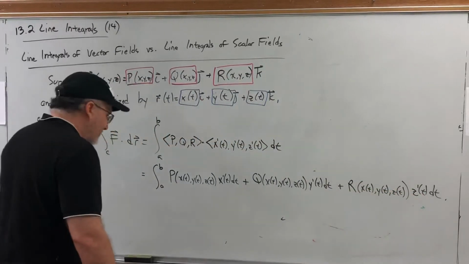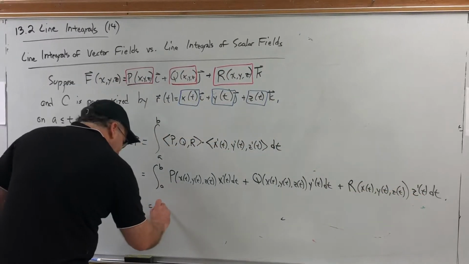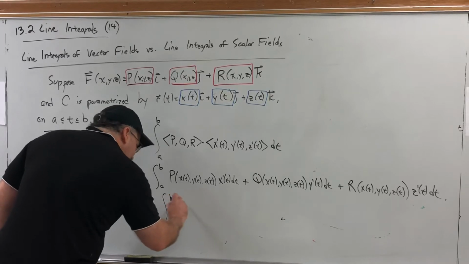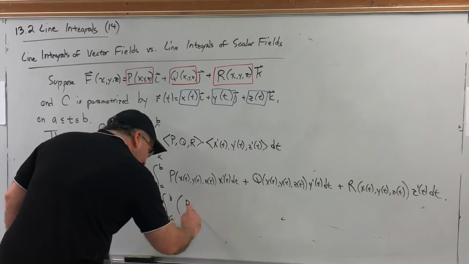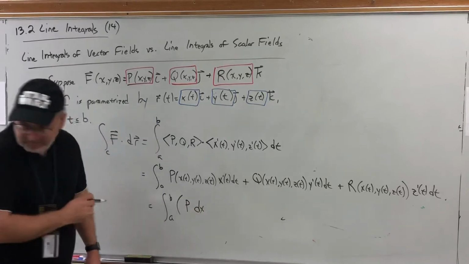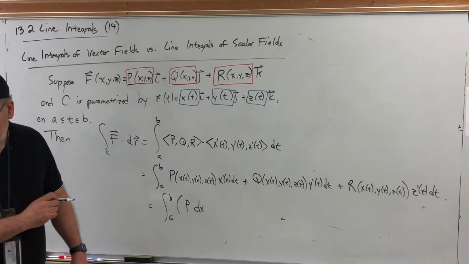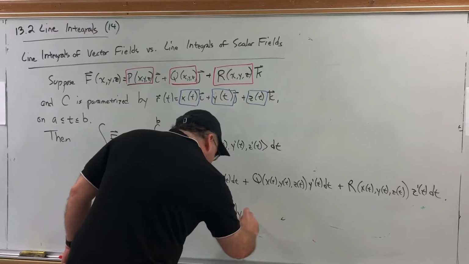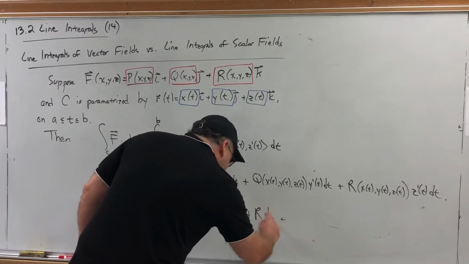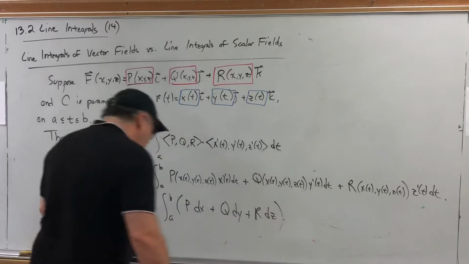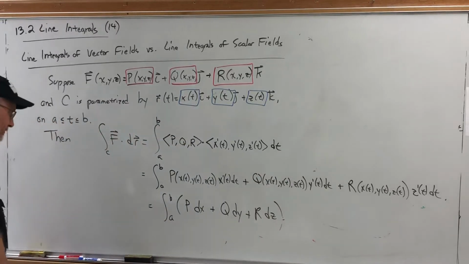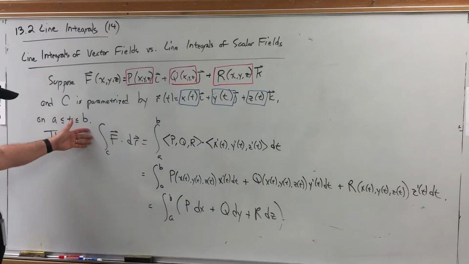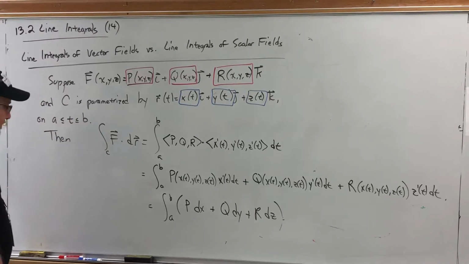So we could write this a lot more compactly as the integral from a to b of P dx plus Q dy plus R dz. And suddenly, evaluating this line integral becomes easy.